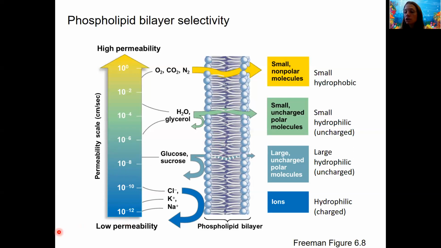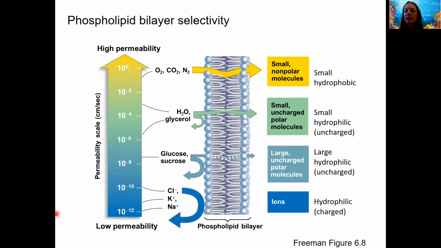So this allows us to control what's in and out of the cell, just straight up like this. But then we also do need to be able to get other things in. We need to be able to get glucose in for sure. Sometimes we need to be able to get proteins and other things in as well. That's where we need membrane proteins. There's also other types of transport like vesicular transport.